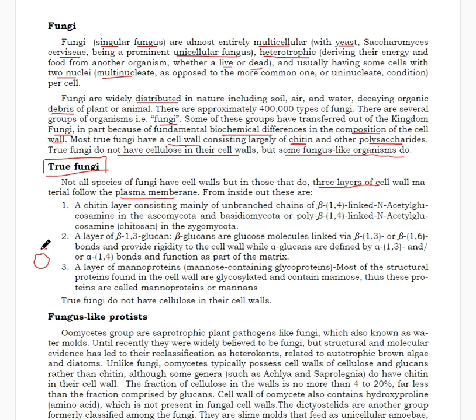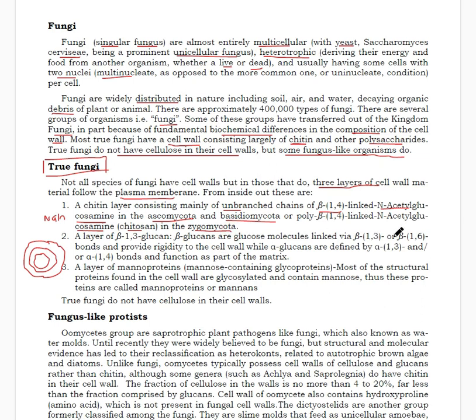If this is a fungal cell and this is the plasma membrane, the outermost is the chitin layer, consisting of unbranched chains of beta 1,4 linked N-acetyl glucosamine, in short GlcNAc, which is present in Ascomycota and Basidiomycota, or poly beta 1,4 linked glucosamine, which is chitosan, in Zygomycota.